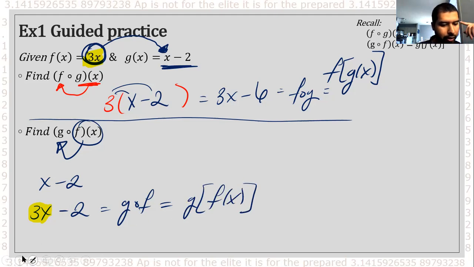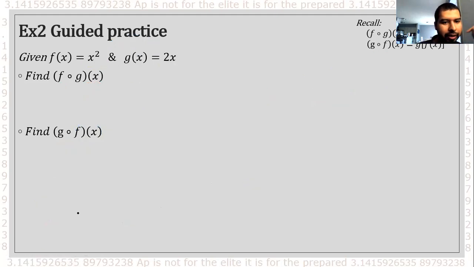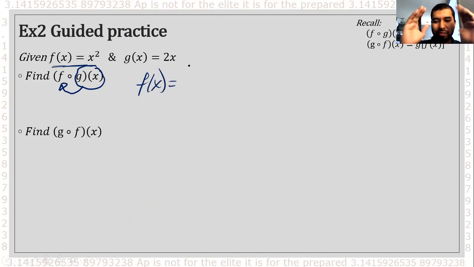Okay. I got about 2 more examples in me, and let's do this one. Same exact thing. I got my G of X goes inside my F. So I like to write the F of X, and then instead of writing the X, I leave big parentheses. So I'm going to put parentheses and the X is squared, so the parentheses are squared. And I'm going to ask you, what goes inside the F?